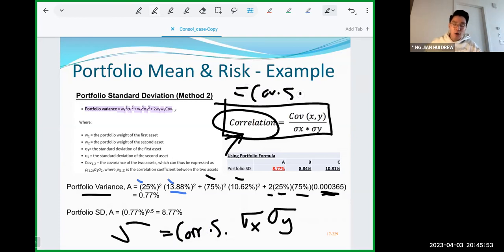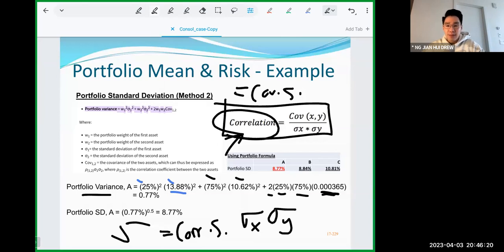So maybe at this point of time, I want to highlight why we use correlation. Remember, covariance is the joint variability, and we think about variability in terms of variance. The issue with covariance is that there is a unit, and the unit is very difficult.